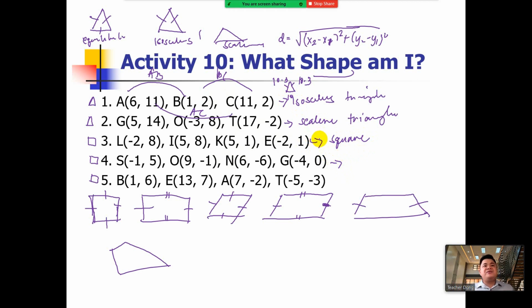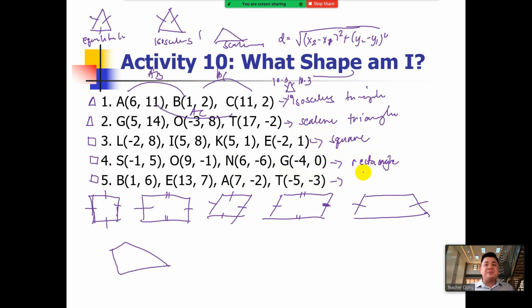Now, let's have number 4: S (negative 1, 5), O (negative 9, negative 1), (9, negative 1), N (6, negative 6), G (negative 4, 0). For number 4, this is a rectangle. For those watching, please make sure to graph it to find out if it is really a rectangle.